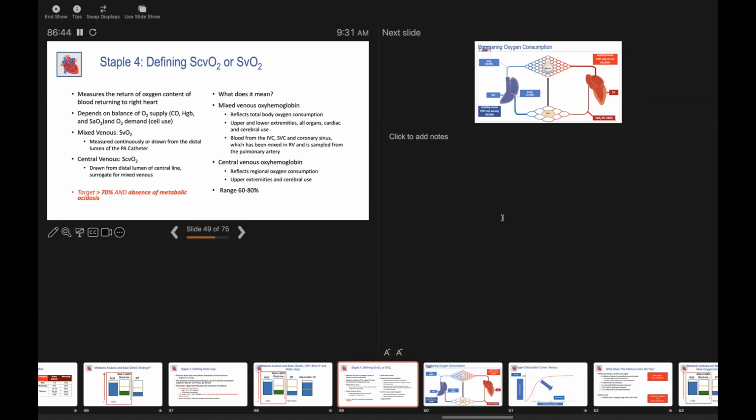Okay, it's a reserve. So it doesn't matter which one I measured from. What matters is understanding that SVO2 or SCVO2 tell me about the content of the reserve.